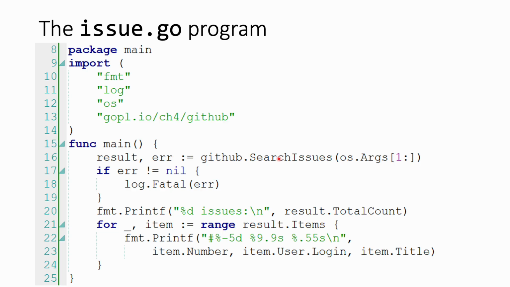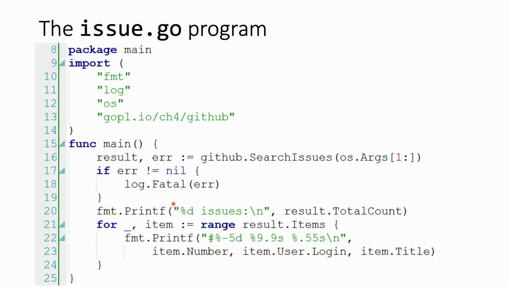Recall that the SearchIssues function only takes a list of search terms as the argument. Our program allows the user to enter the search terms as arguments on the command line, so we use the os.Args slice to get those search terms.